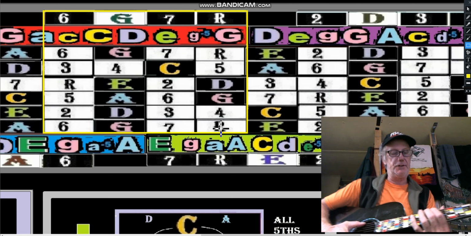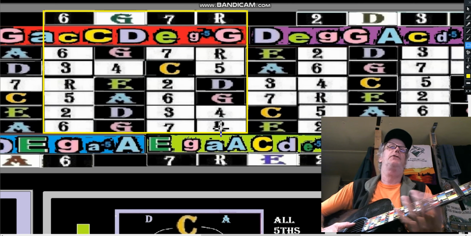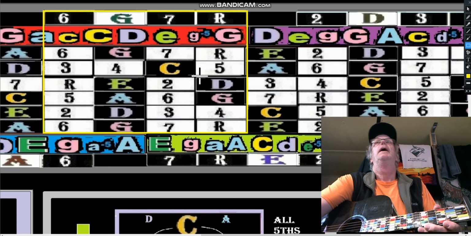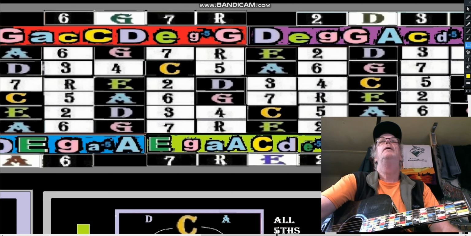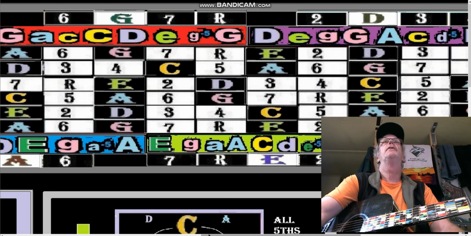Okay, now for argument's sake, I can play it in C here, but actually I could play it most of it. And by the way, the G box actually extends one. Let's see how we're going to do this. I'm going to move this over here.